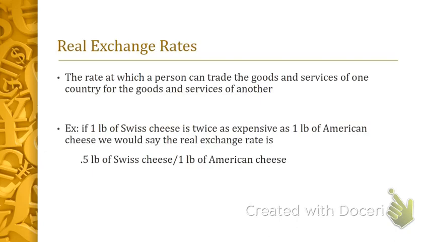Here's another example. If 1 pound of Swiss cheese is twice as expensive as 1 pound of American cheese, the real exchange rate is 1/2 pound of Swiss cheese to 1 pound of American cheese. It's twice as expensive, so we can get half as much Swiss cheese as American cheese for the same amount of money.